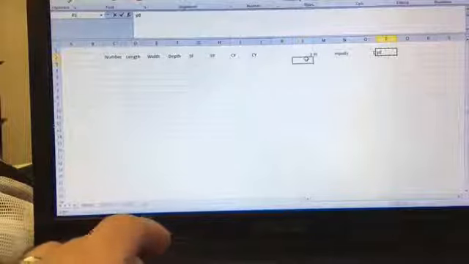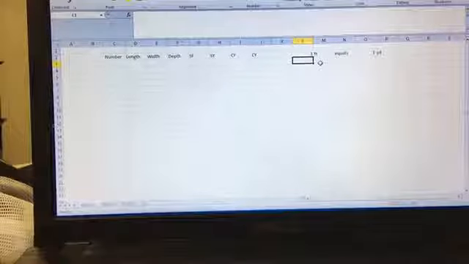And if we remember from grade school, 3 feet equals 1 yard. And if you remember, a square foot is 1 foot by 1 foot.